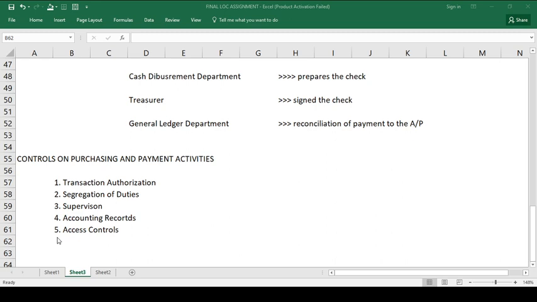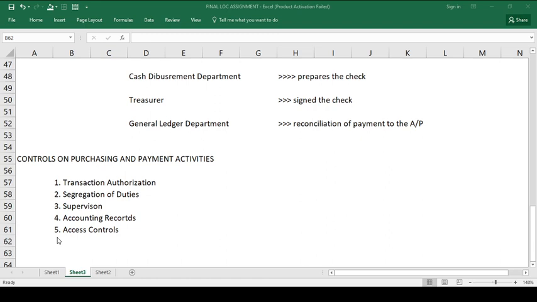So that is very important, the accessibility of each step. For example, in the preparation of the disbursement voucher, dapat limitado lang ang pwedeng makagawa. Kasi pag marami ang pwedeng makagawa, baka may tendency gagawa ng disbursement voucher na hindi naman authorized.